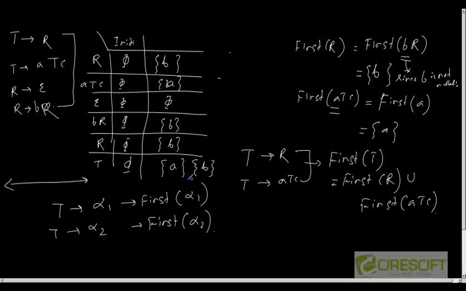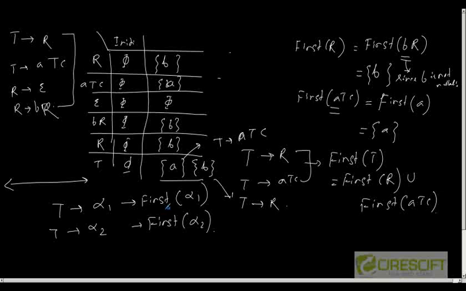So from here you can find out this element belongs to the production T is equal to ATC, and this belongs to the production T is equal to R. So we can always choose a particular production based on this first function if the non-terminal has disjoint first sets.